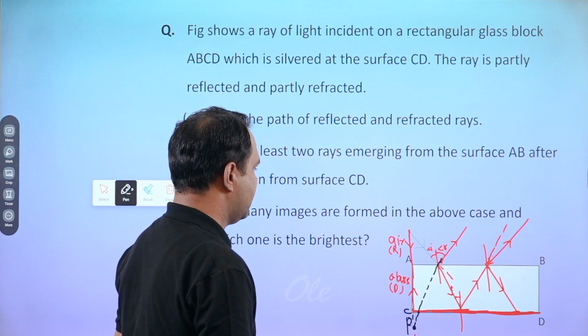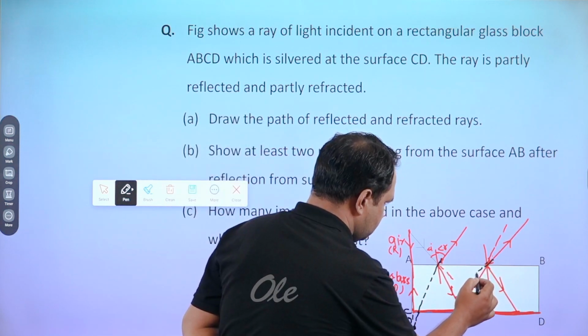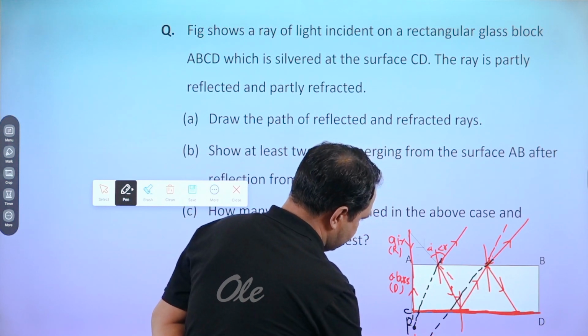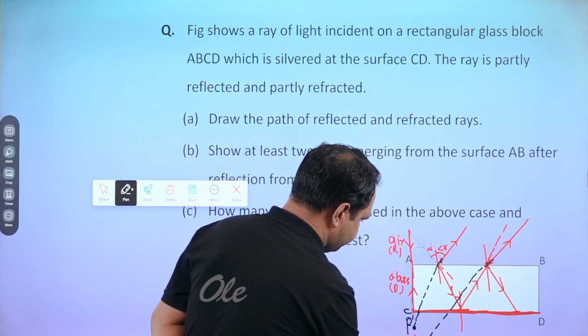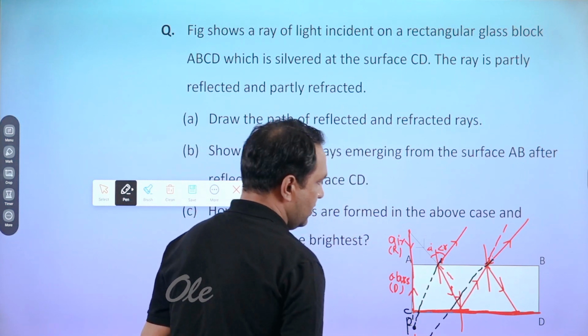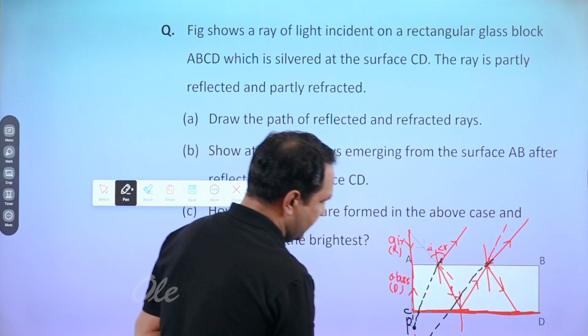So here we will get the first image. To get the second image, we will extend this ray and we'll get somewhere here the second image P double dash, right? So similarly we will get the different images.